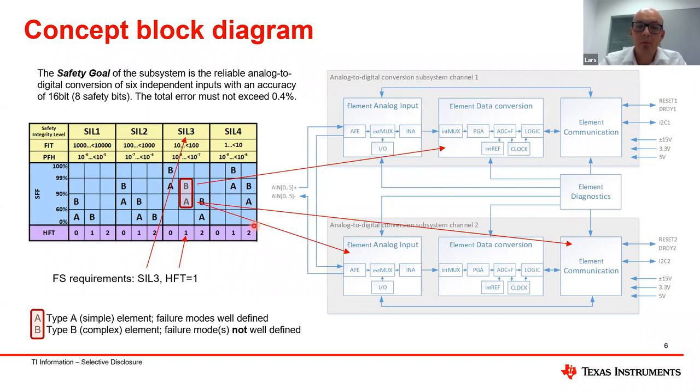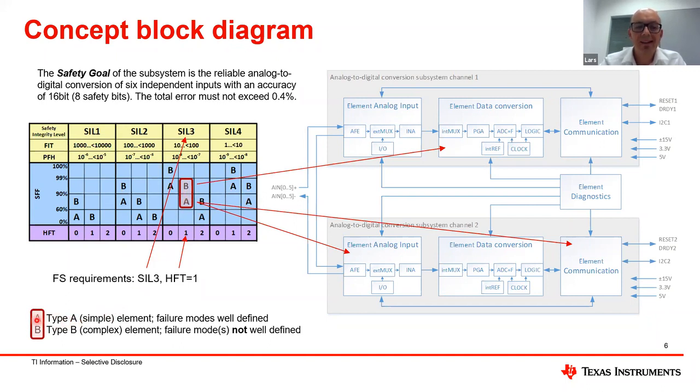Now, as we said, we want to achieve a SIL3. So we basically work in this area here. And with the hardware fault tolerance of 1, which is here, we actually identified the column we need to work in, right? And here you see a B and an A. What is that?